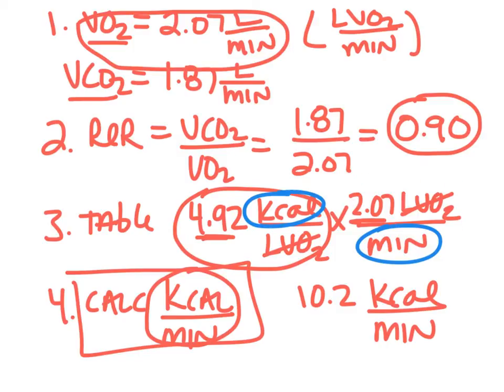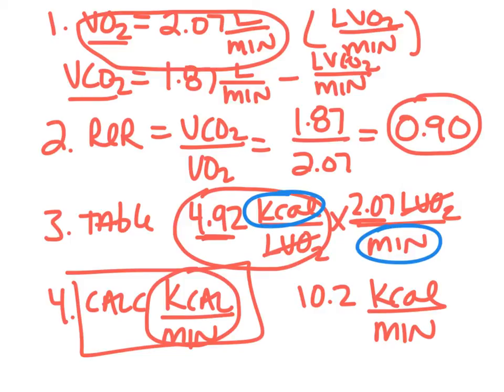And if you write out your units, it's going to make sense, right? Because if you plug in VCO2 here, it won't make sense, because this is liters of VCO2 per minute. Okay? And liters of VCO2 per minute wouldn't cancel with liters of VO2 per minute.